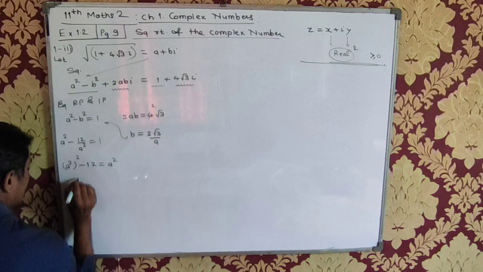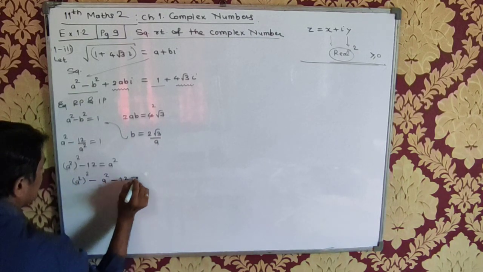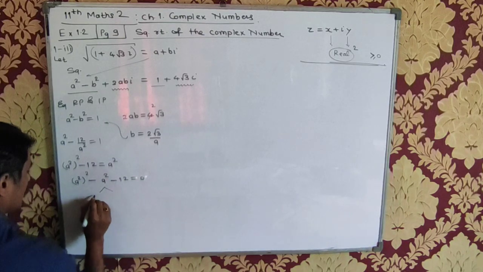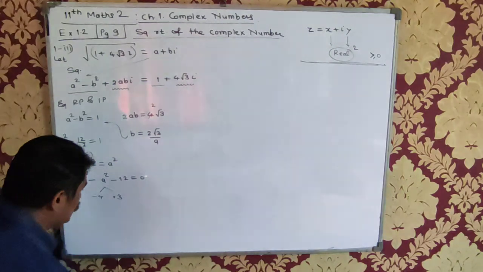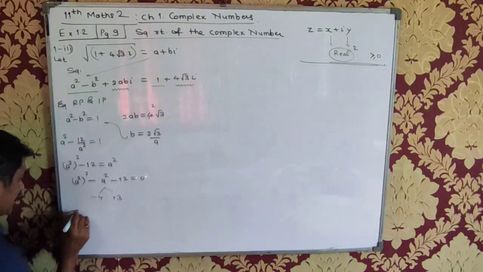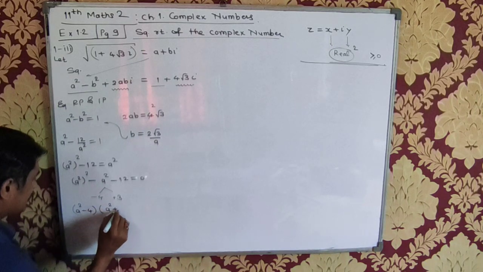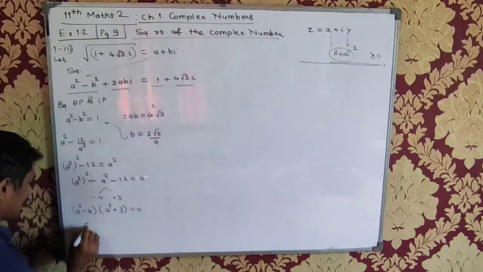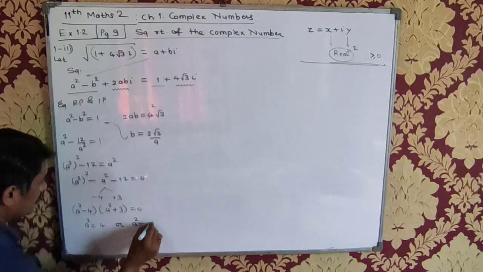Transfer: a to the 4 minus a square minus 12 is equal to 0. 4 3s are 12. So this will become a square minus 4 into a square plus 3 is equal to 0. That means a square is equal to 4 or a square is equal to minus 3.